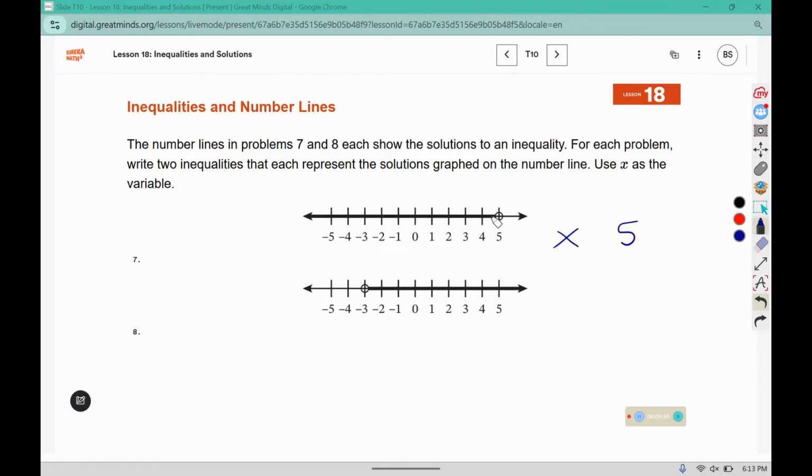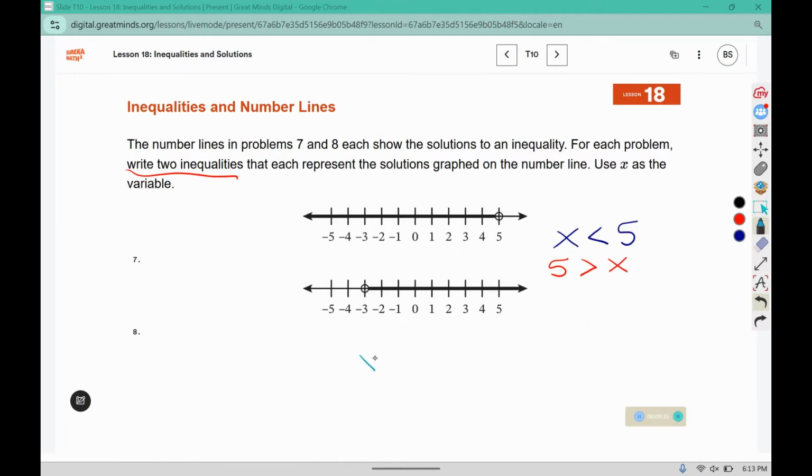X is pointing to all the numbers left, or less than, so x is less than 5. We are asked to write 2 inequalities that each represent this. So the other way we could write it, if it's open towards the 5, we could say 5 is greater than x.